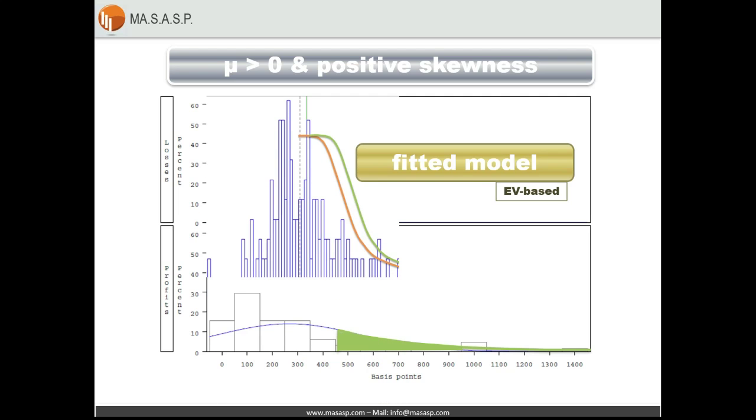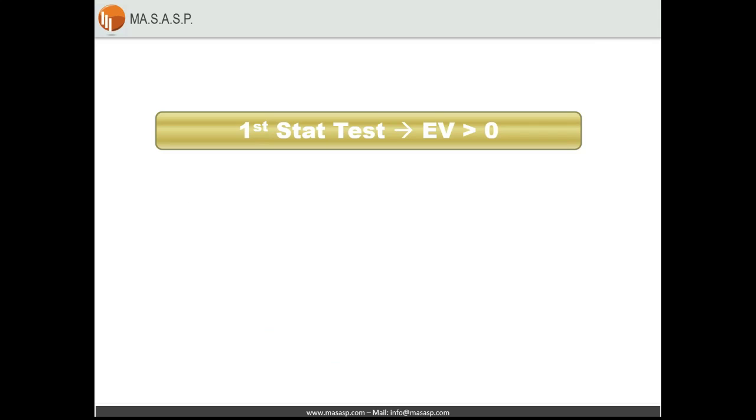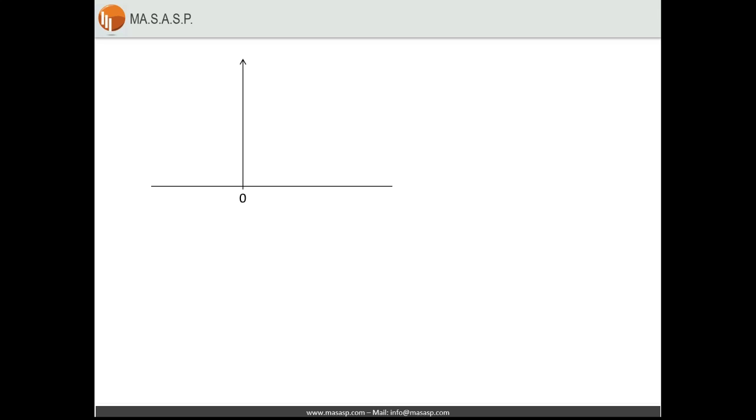Great! Here comes the first statistical test. The purpose here is to see whether the expected value is significantly bigger than 0, which means to assess whether the profitability of the trading system is statistically significant.